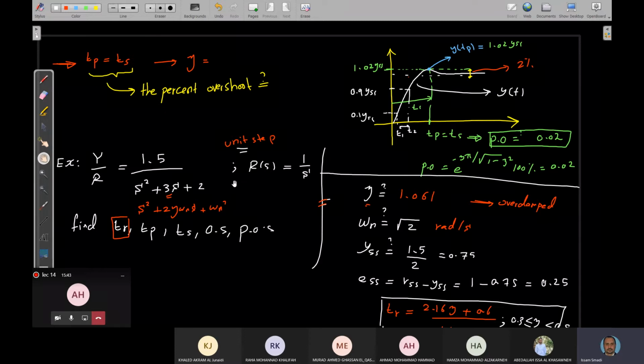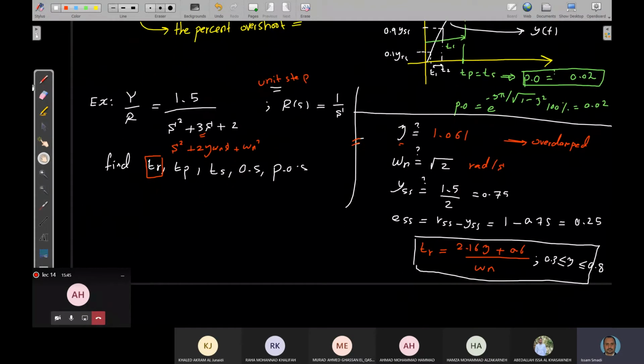And how can I find y of t? Simply, I can do the Laplace transformation, or simply this one has the standard shape of a second order system, except that the DC gain is not equal to 1.